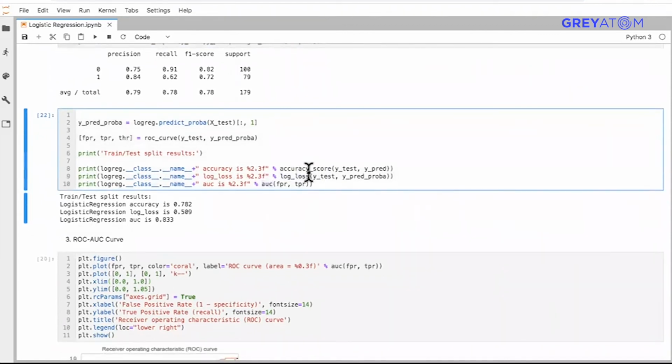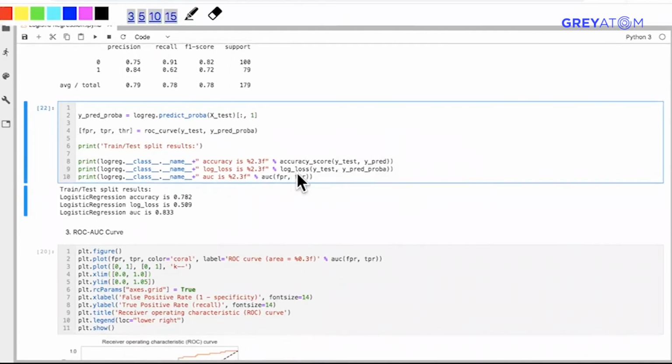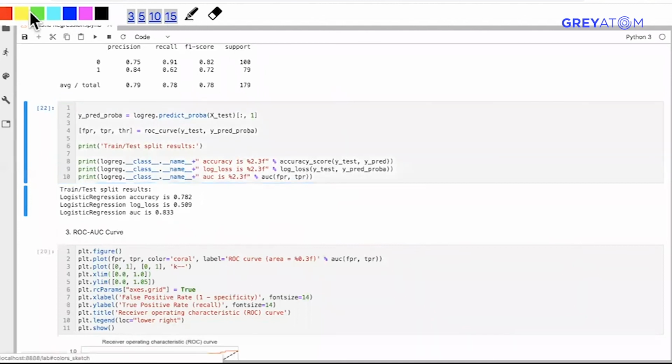I've just derived this from SKLearn, and I'm putting in my testing data and my output. This is my actual, these are my predictions. I'm calculating log loss using the y test and the predicted probabilities. AUC is similar, using the true positive and false positive rate.